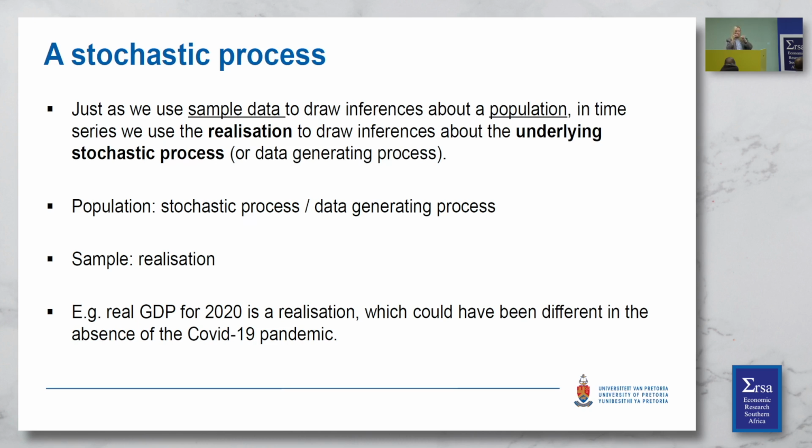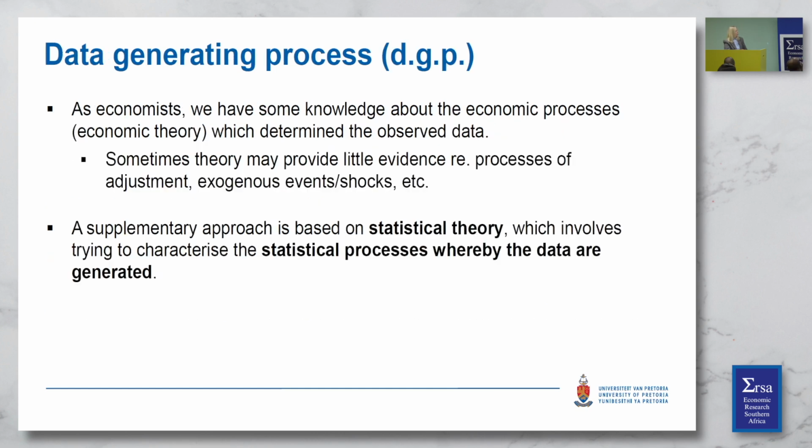All the things that happen that lead to that contributed to that outcome. So in this language, the data generating process is the population, and the actual outcome or the realization is the sample.